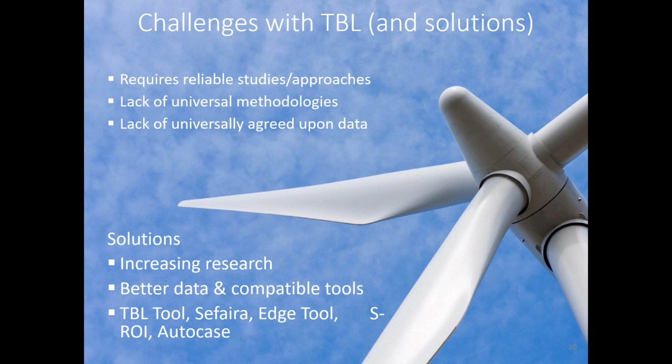And we've got a lot more of these automated tools coming to market, including AutoCASE, but also some of these other systems like Triple Bottom Line Tool, Safari, and Edge that are partnering with large organizations, us with Autodesk, for example, to really get best-in-class tech behind us and be able to integrate into some of these great design tools.